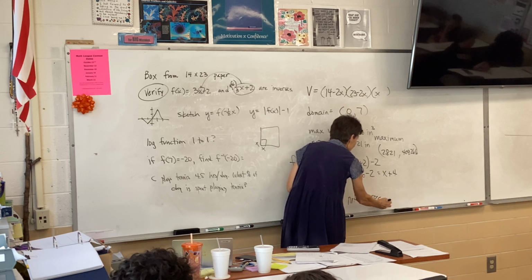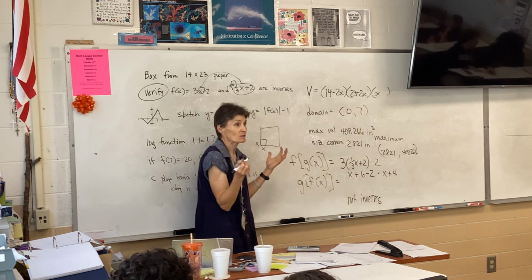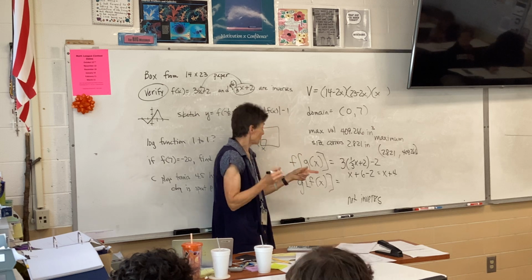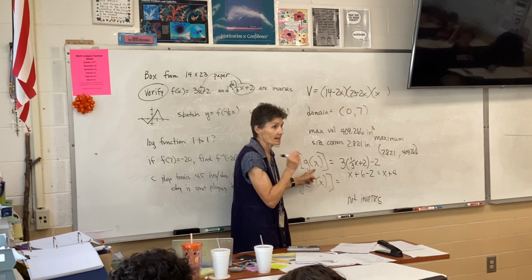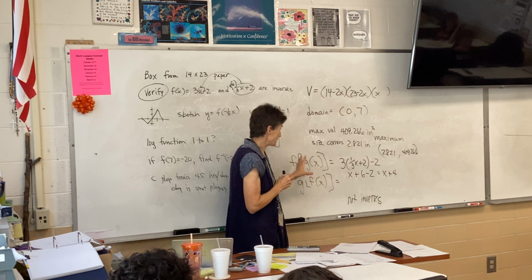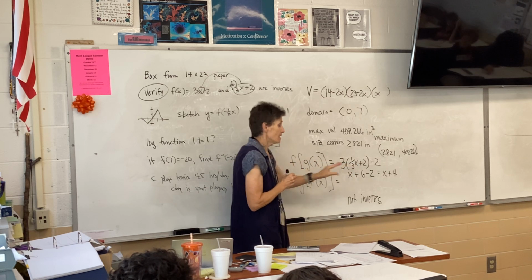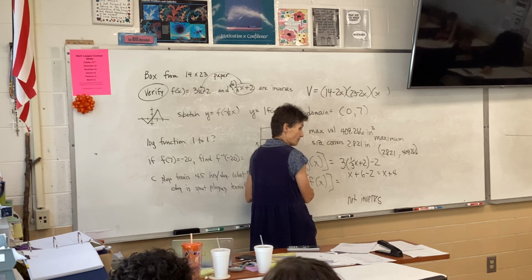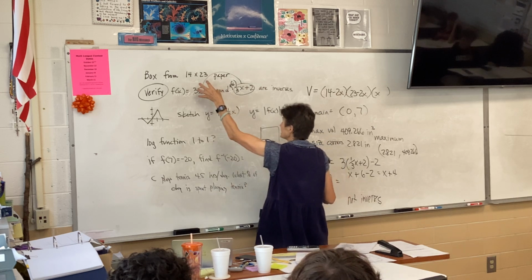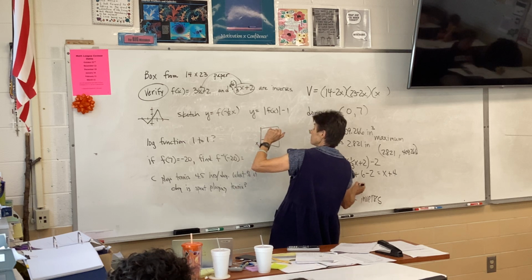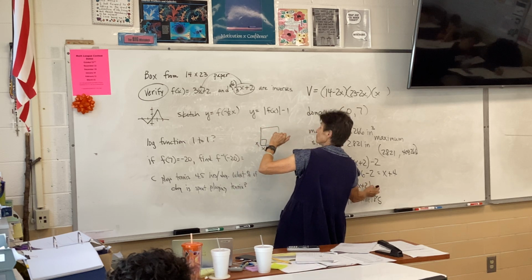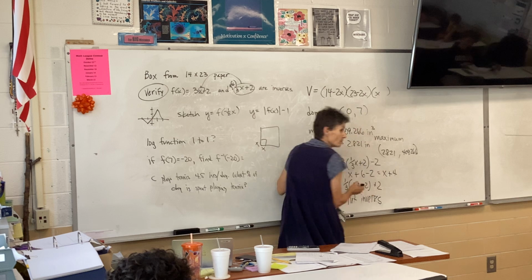Now, if you have to explain it, you just say I did f of g of x, and I did not get x. Now let's say you did get x. Then you would have to do this one, and this one would take this into here. So this one would be 1/3, 3x plus 2, plus 2.